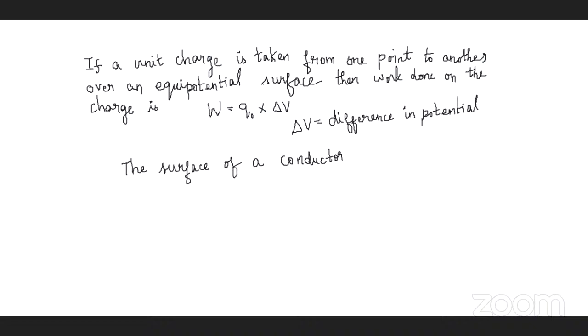What is the potential on the surface of the conductor at different points? Will it be different, or will it be the same, or will it be 0? Can anyone tell me the potential on the surface of the conductor? Will it be the same for all points, or different for different points, or will it be 0 actually?